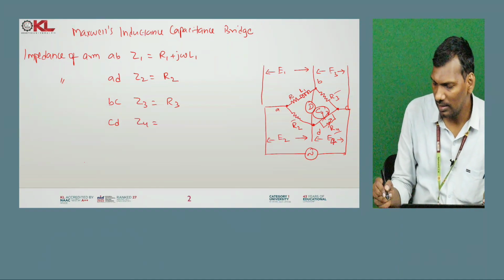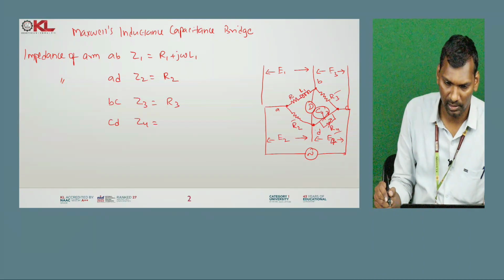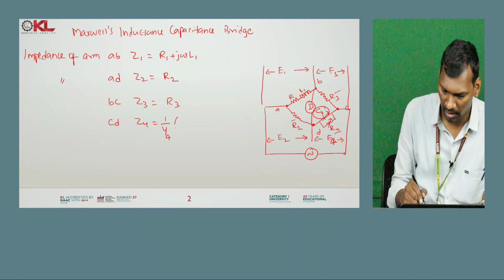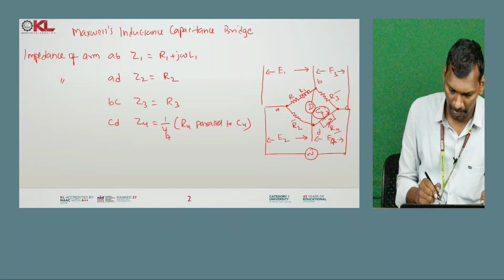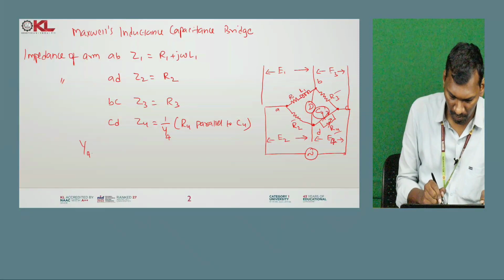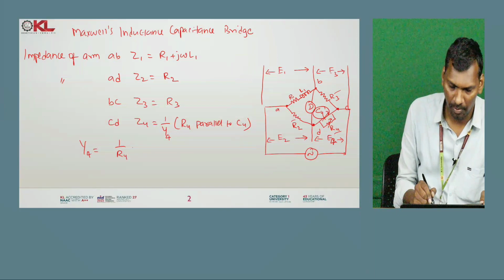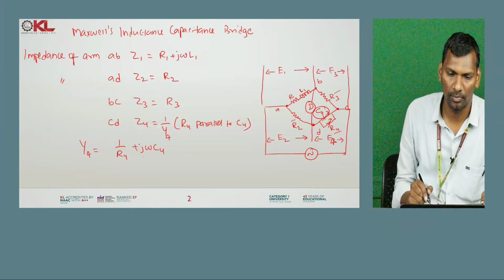Here it is the parallel combination of resistance and capacitance, so we write it as an admittance, in which R4 is parallel to C4. So the Y4 value is given as 1 by R4 plus J omega C4.